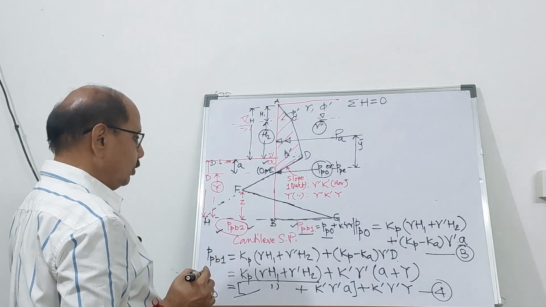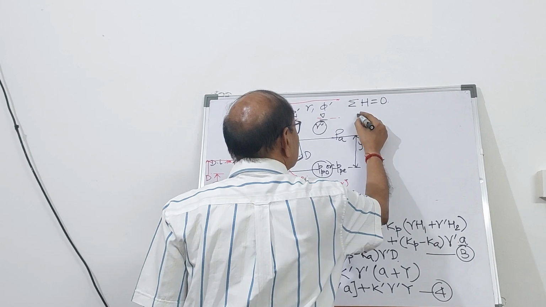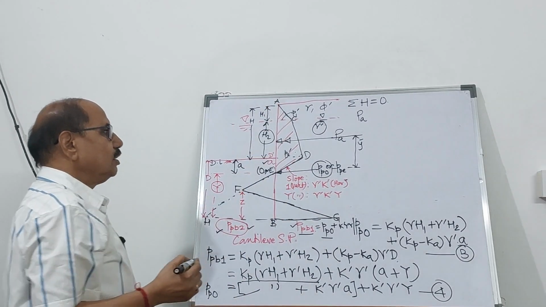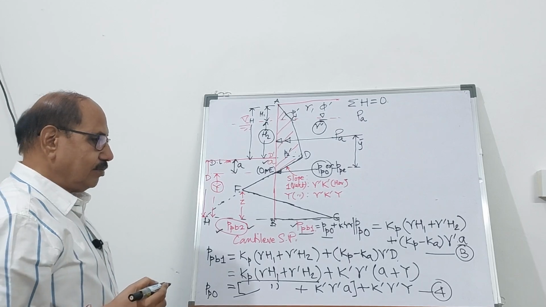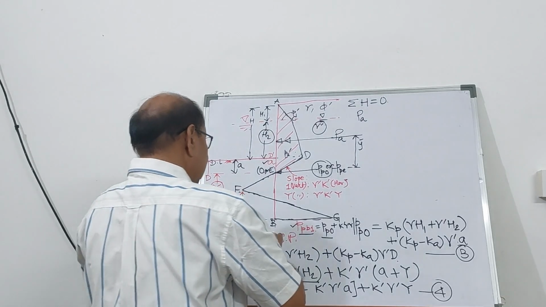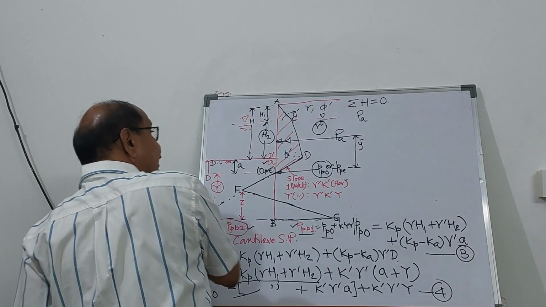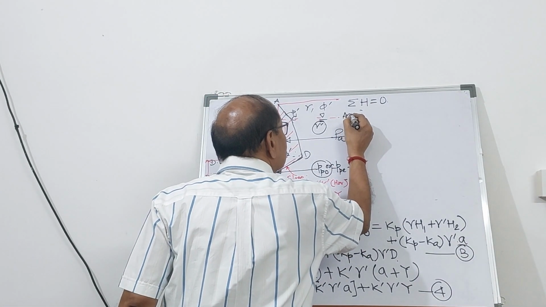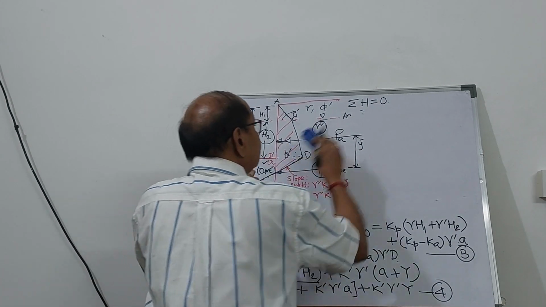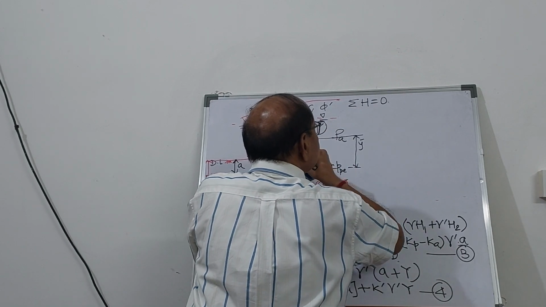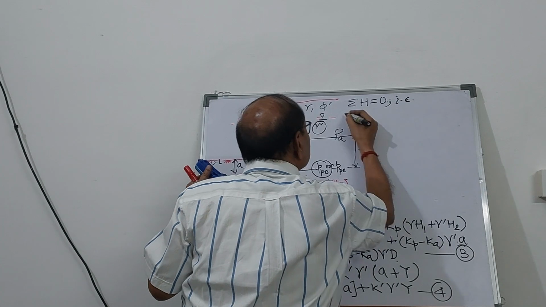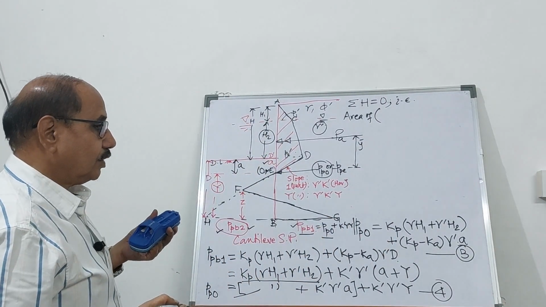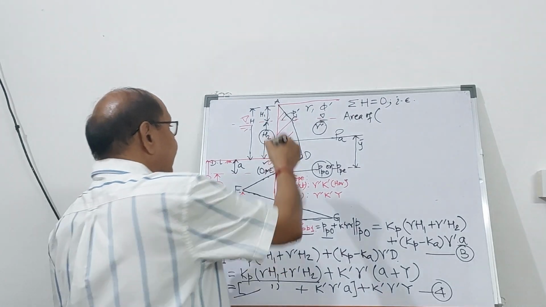So now sigma H equal to 0 will be PA, that is the area of the active pressure distribution diagram, equal to the area of ACDE.